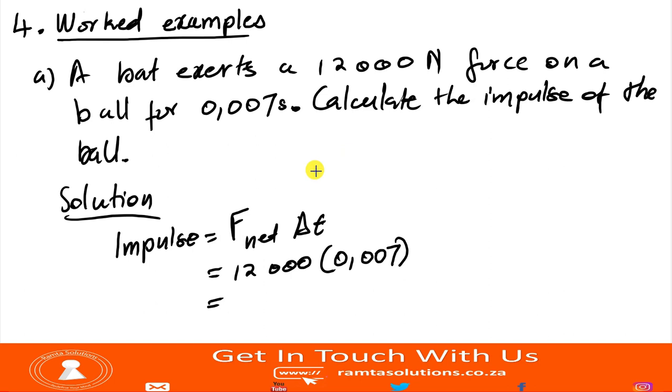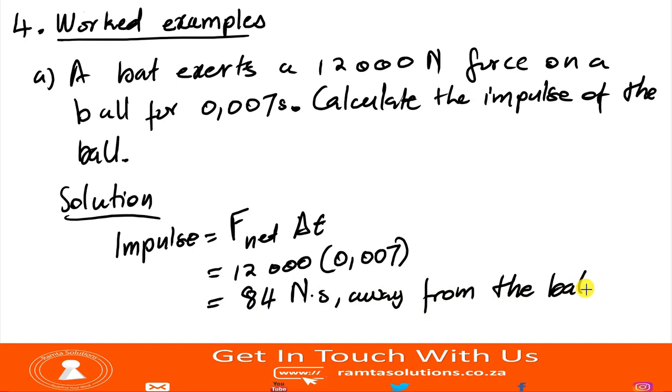So our answer is simply 84 Newton second. Where should I say? Away from the bat. Okay, it's fine. Away from the bat or forward, it's fine. Away from the bat. That is the impulse of the ball. Pay attention. The unit is Newton second. Okay.